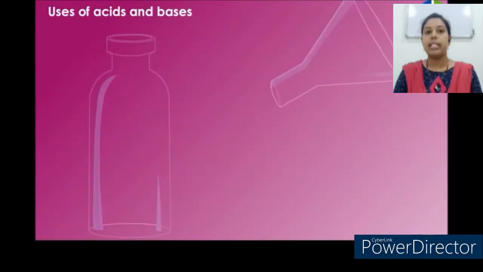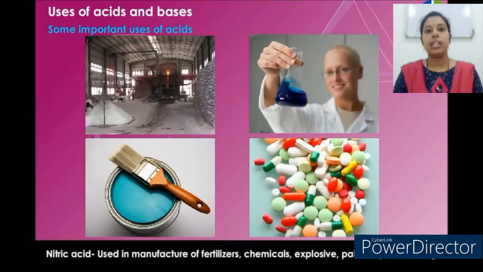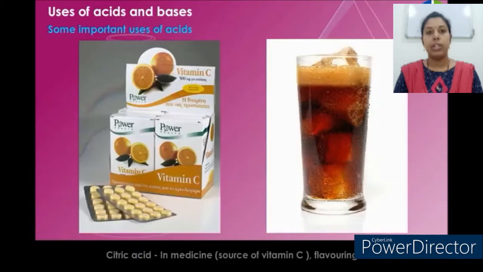Uses of acids and bases. Let's discuss some important uses of acids. Sulfuric acid and nitric acid are used for manufacturing fertilizers, chemicals, explosives, paints, dyes, drugs, etc. Hydrochloric acid is used for tanning and painting industry.